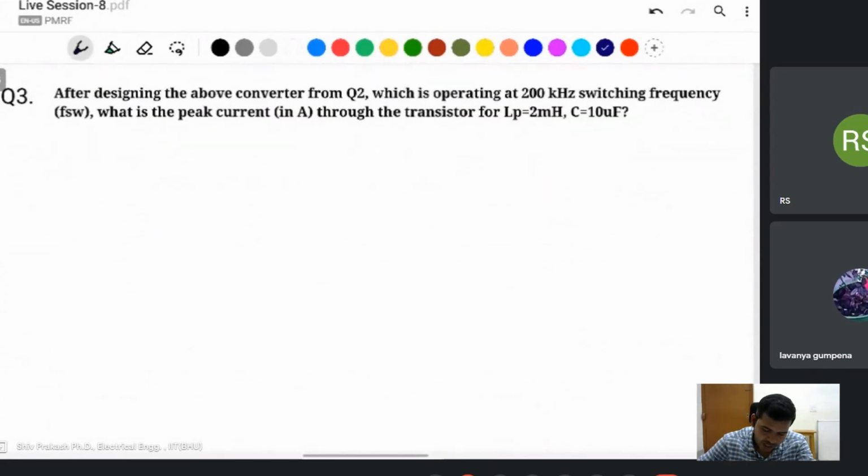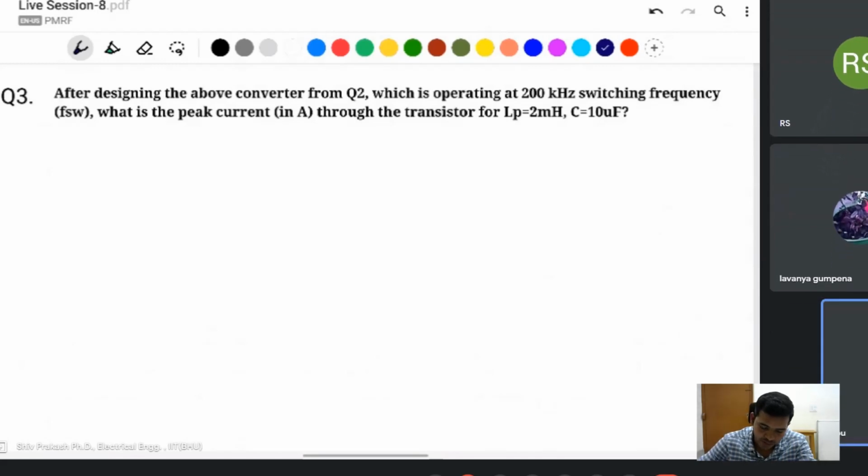Next is given: after designing the above converter from question 2, which is operating at 200 kilohertz of switching frequency, what is the peak current through the transistor?